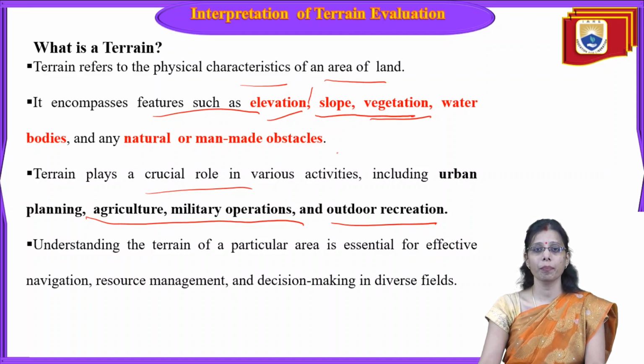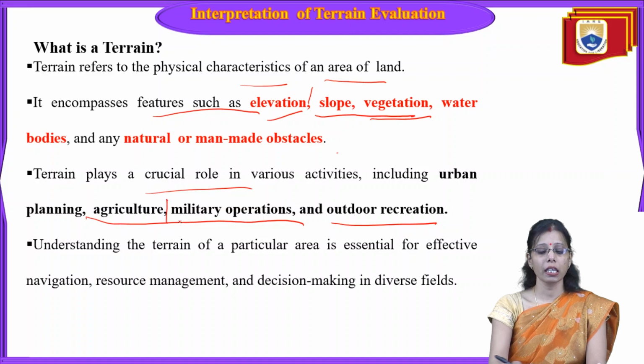Before going for the planning of the city, the terrain should be evaluated. It should be properly found out which kind of soil is present, which kind of topography is there, whether any elevation or slope area is there, and all the natural and man-made obstacles present over that area. We study all that before going for urban planning.